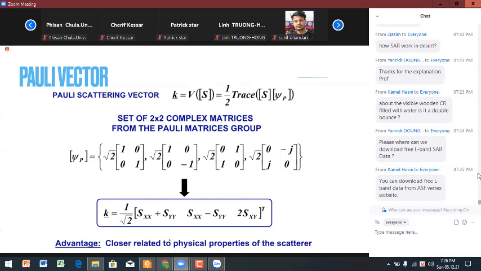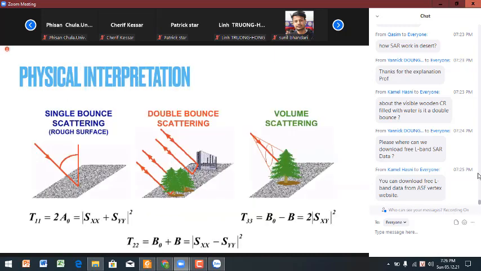Right, and it's good because, as I showed on the next slide, it's very close to the physical properties of the scatterer, and also easy to put on your computer screen and easy to process. And we can then physically interpret the meaning, right? Because typically they represent three different scattering mechanisms.